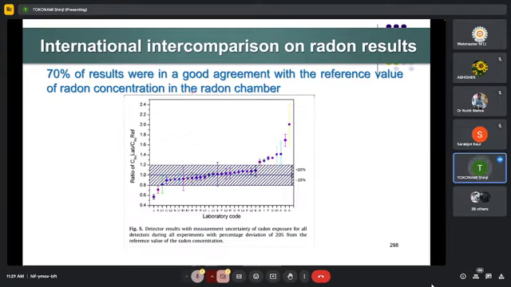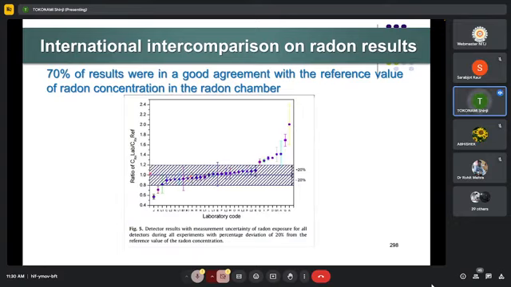In our exercise, 70% of results were in good agreement with the reference value of radon concentration in the chamber. This is the reference value. This figure shows the detector results with measurement uncertainty of radon exposure for all detectors during all experiments, with a percentage deviation of 20% from the reference value of the concentration.